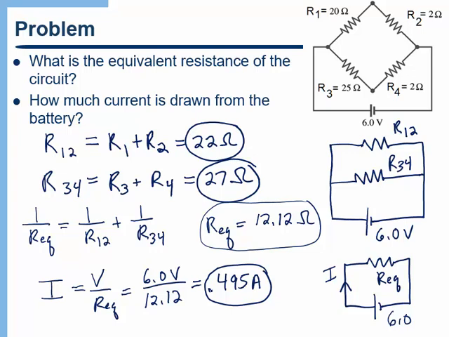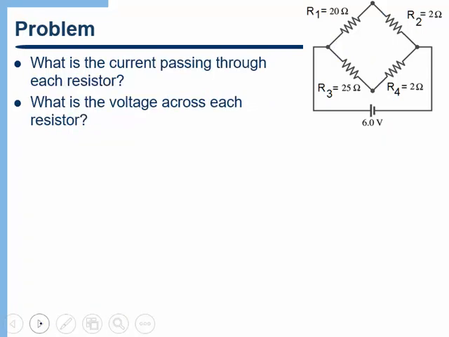Now the next part of the question is going to be to figure out what is the current going through each resistor and what is the voltage across each resistor. So in order to do this, let me just remind you what our circuits are, because just like with capacitor problems, you want to work your way backwards through the circuits.